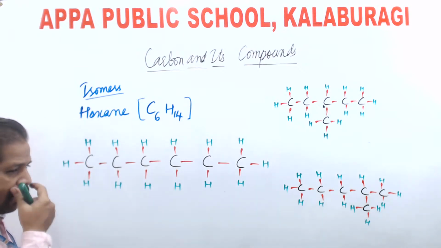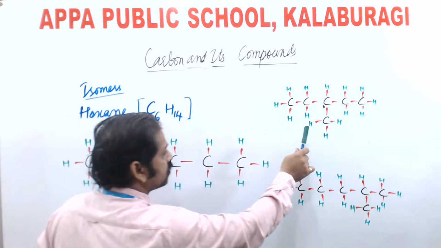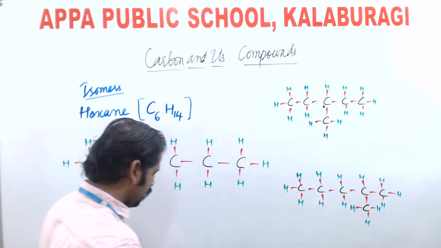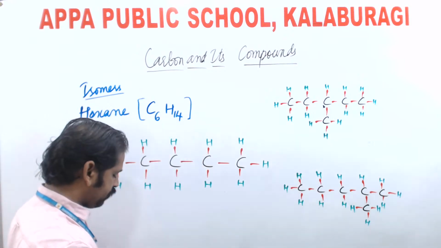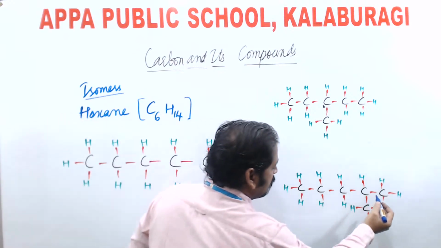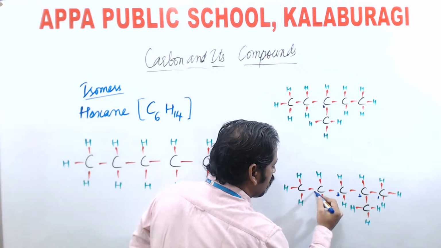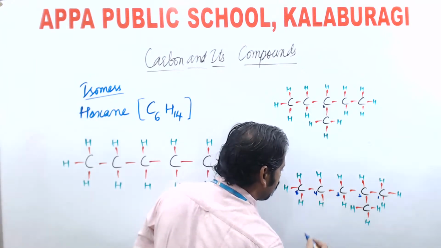Yes, here is the third structure. First structure, second structure, third structure, and it is attached to the second carbon actually. Carbon number 1, carbon number 2, carbon number 3, carbon number 4, carbon number 5.